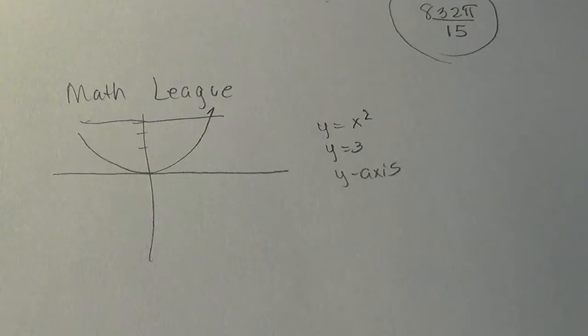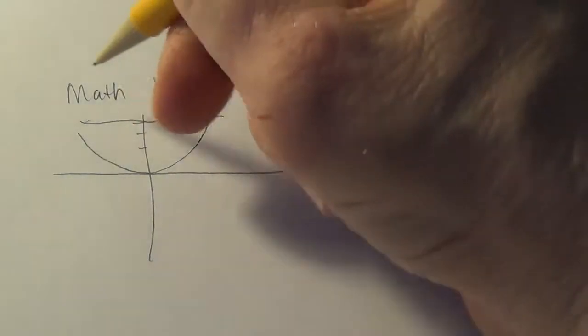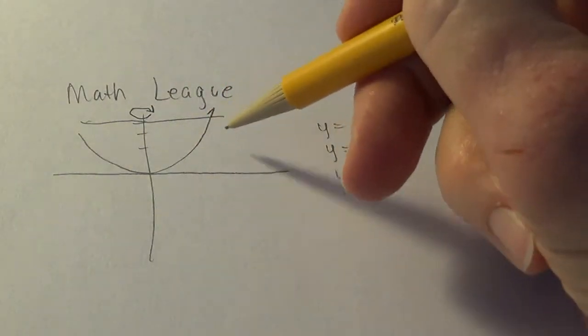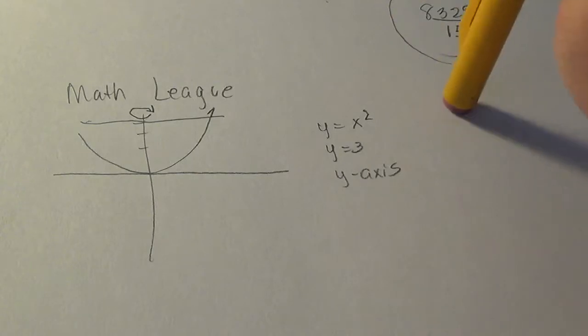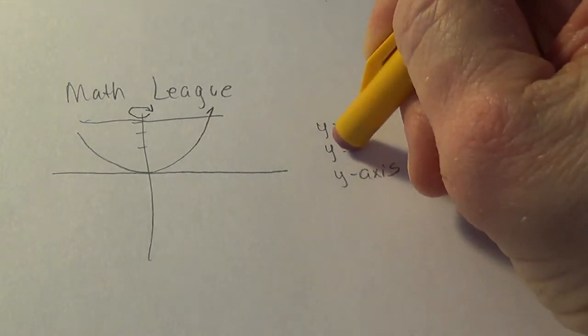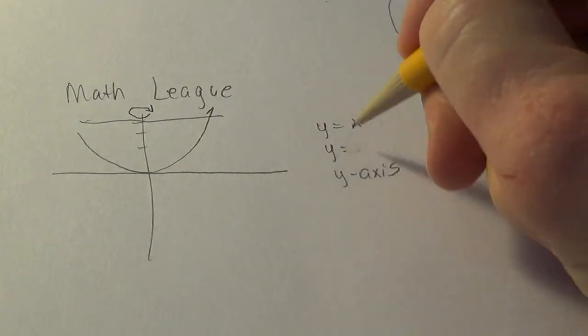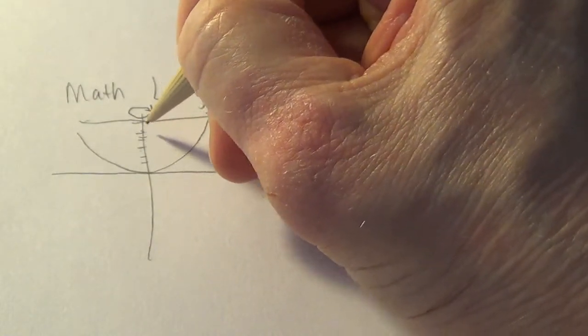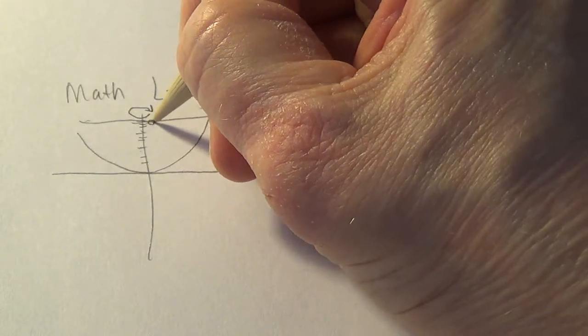Solid formed by rotating around the y-axis. So we're going to go around the y-axis. The area bounded by y equals x squared, y equals 9. That's what it was. So this is 9, not 3.